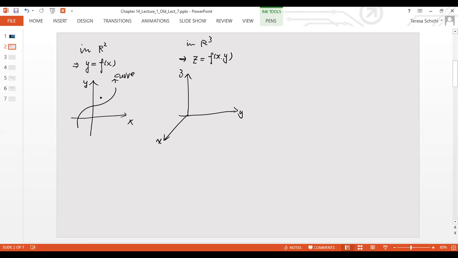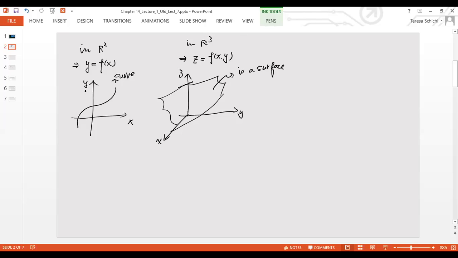So instead of a curve, the graph will be some type of surface, depending on what type of function we have. So the graph here will be a surface. Okay, so that's the first difference.